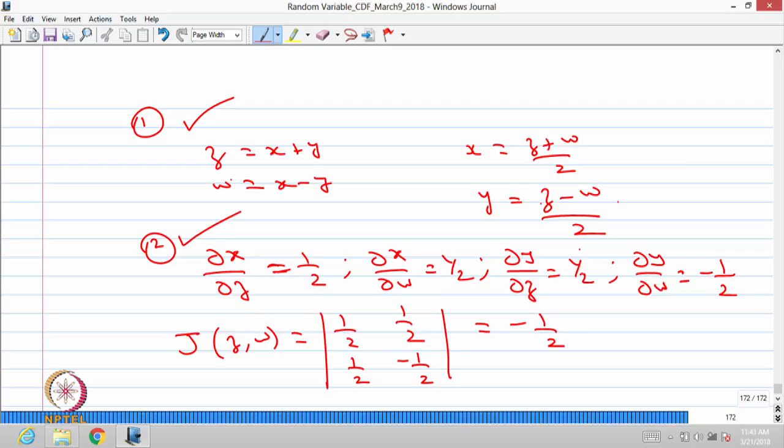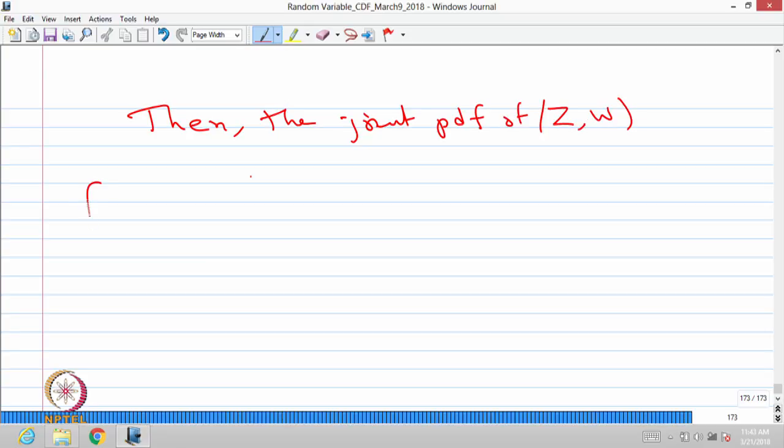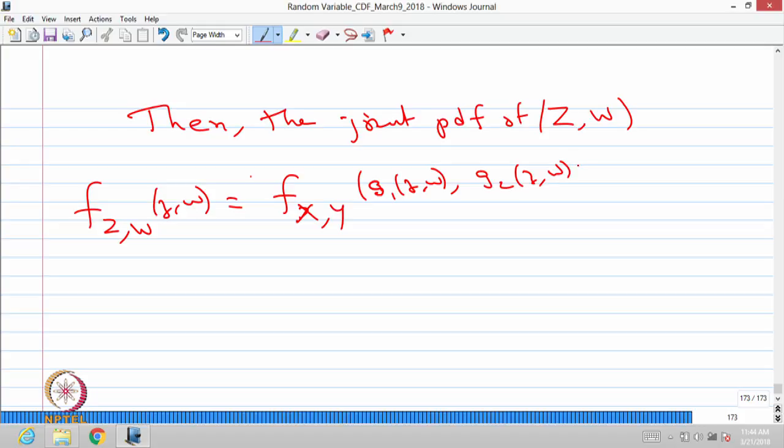This is the Jacobian. Now, since the two assumptions are satisfied, you can give the joint probability density function of z comma w as, first write down the f of g1 of z comma w, g2 of z comma w multiplied by the absolute value of the Jacobian.